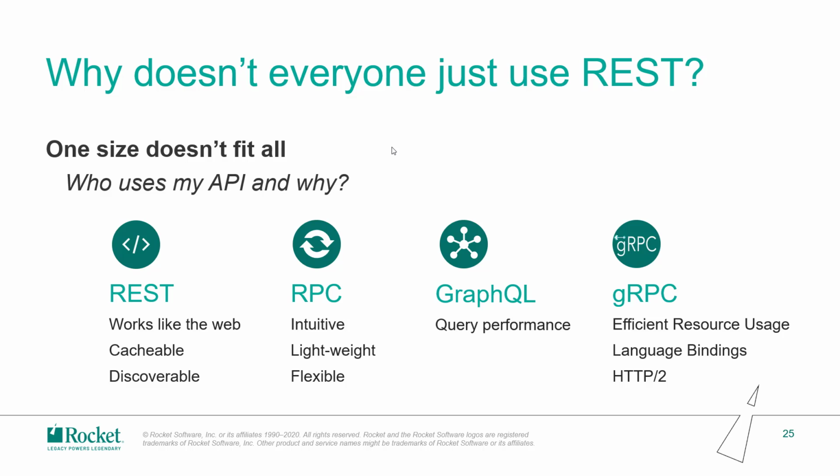So we know there are different types of APIs out there. The question is, why doesn't everyone just use REST? That's obviously the most popular of all the API styles out there. And there was a period of time when, if your API wasn't 100% RESTful, you might get a red mark against it.